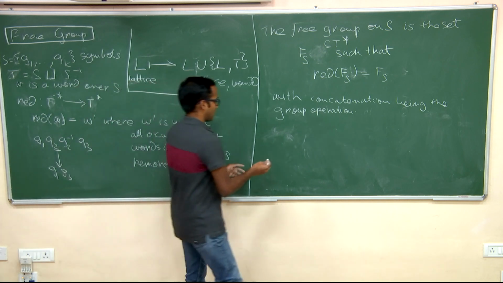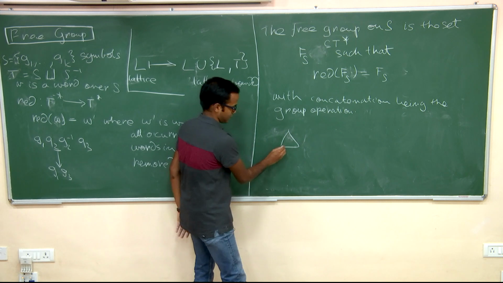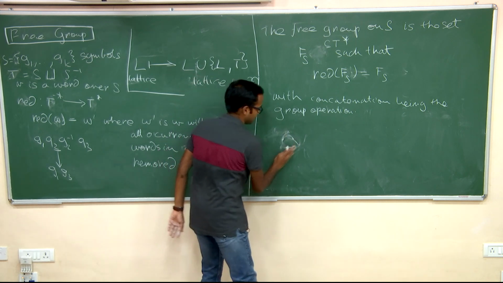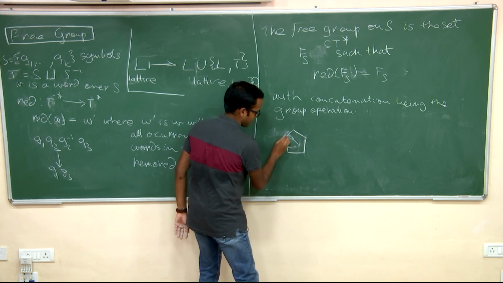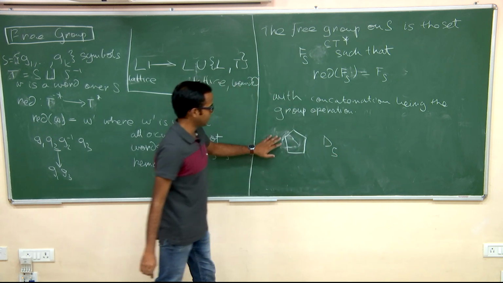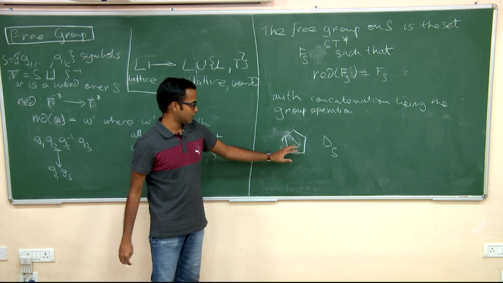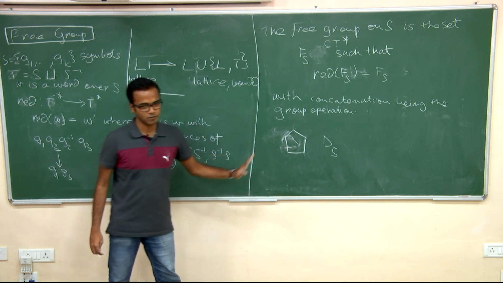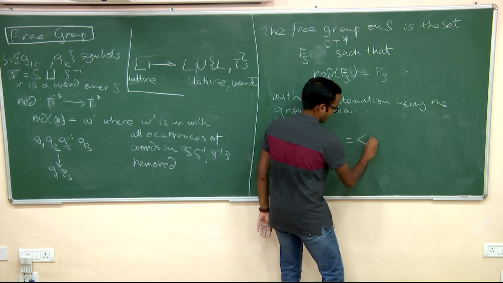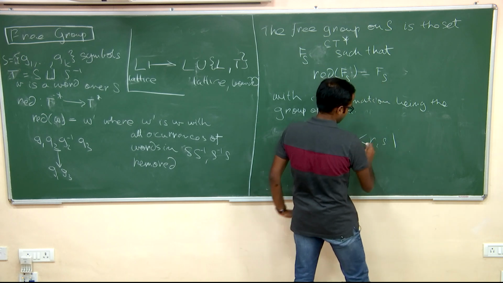So like for the dihedral group, the dihedral group on this D5 will be all rotations and reflections of this such that the figure remains the same. Okay, so that group is given in terms of two generators R and S, and relations between generators.